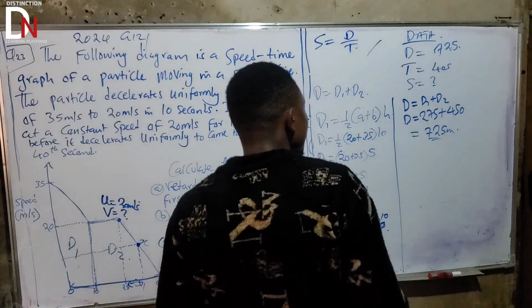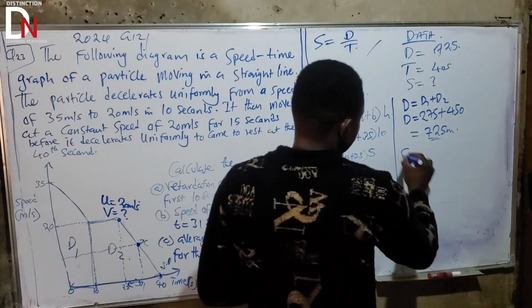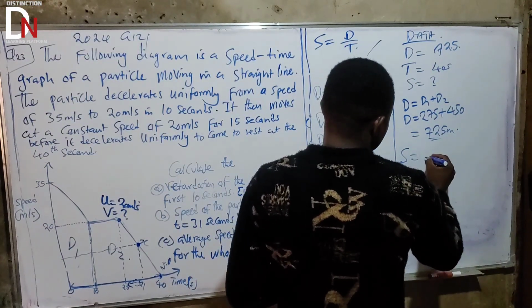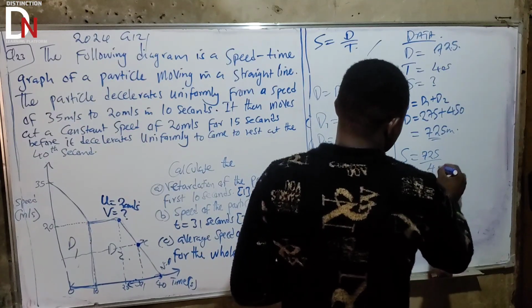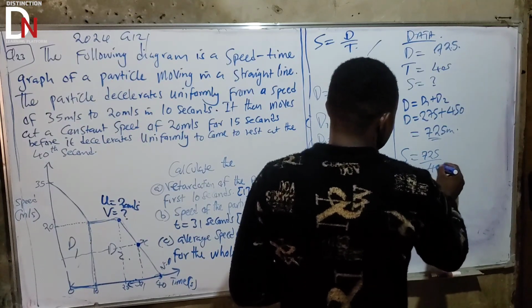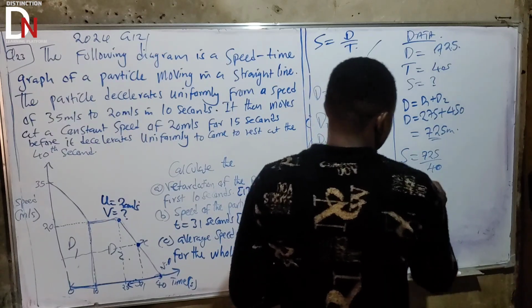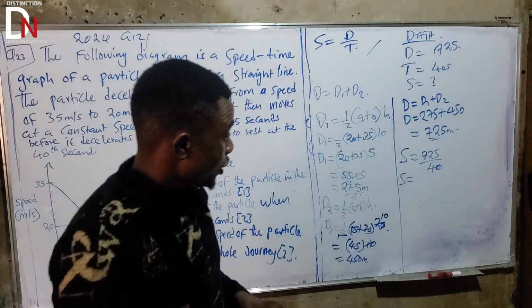Remember, we are finding speed now. We can substitute. Distance 725, time is 4:14. So this can be reduced. Remember, this is paper 1. Look for a number.